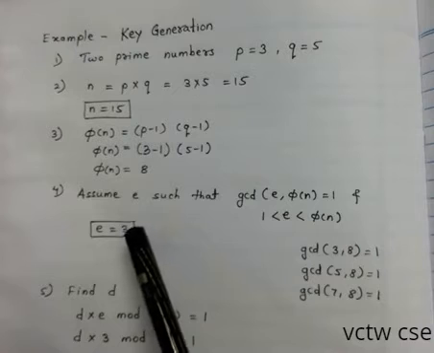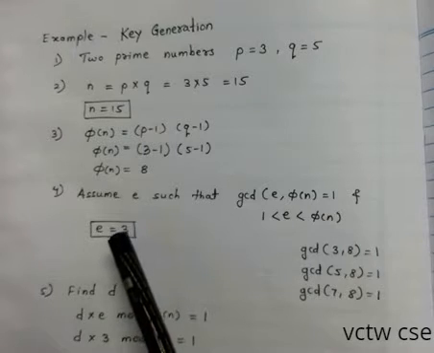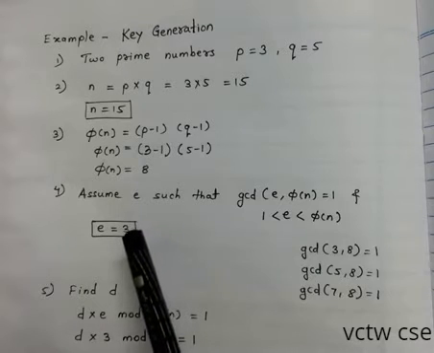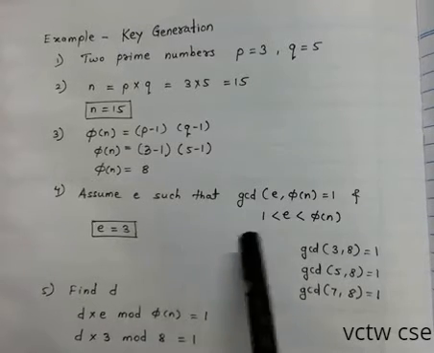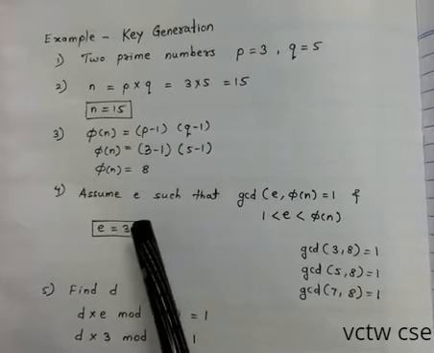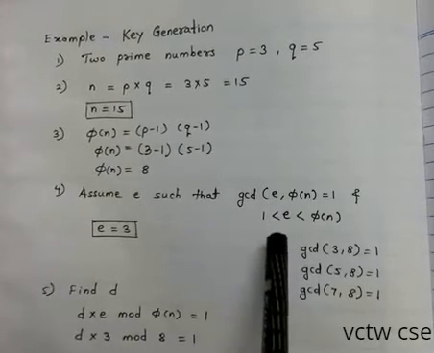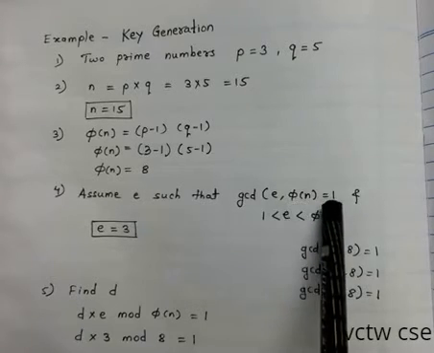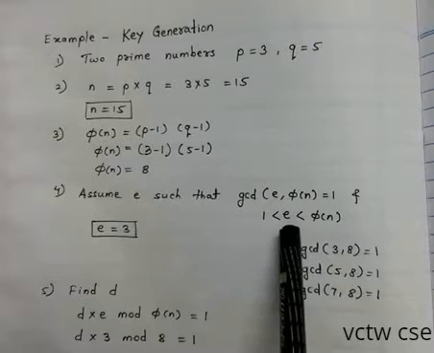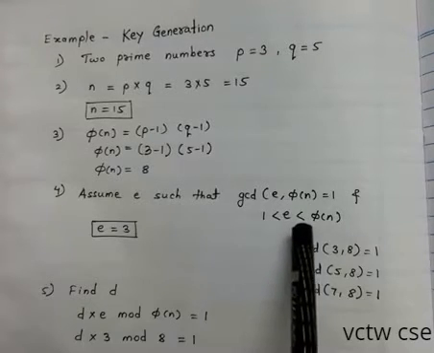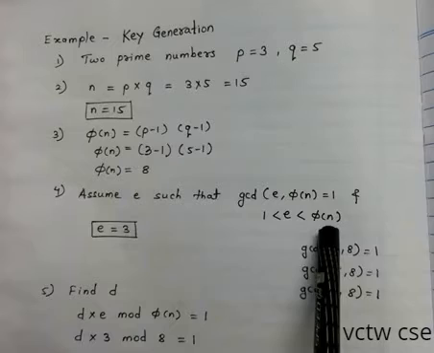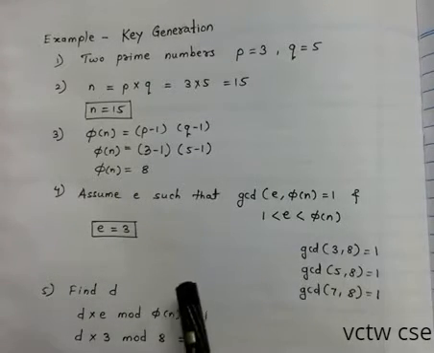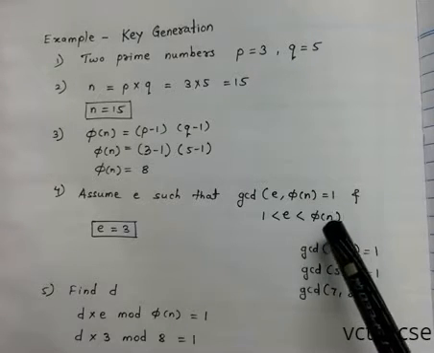And the next step is to select the public key E. The value of E should satisfy these two conditions: GCD of E and phi of n is equal to 1, and the value of E should be greater than 1 and less than phi of n. Here we need to calculate the value of E which satisfies these two conditions.